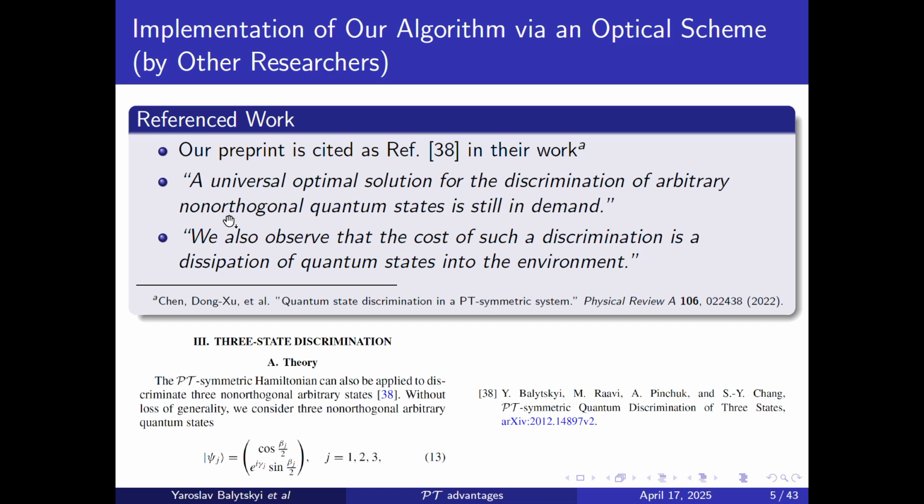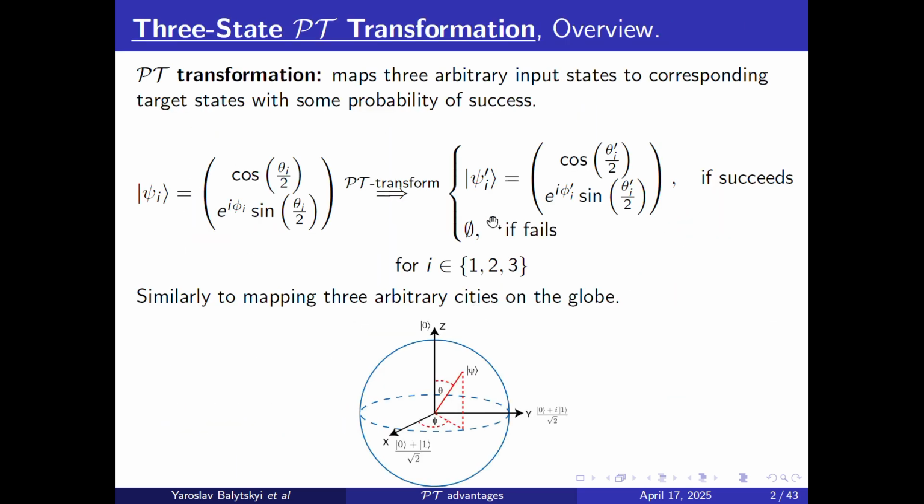It is important to note that our algorithm is already implemented as an optical scheme by other researchers in this paper, and you can see that our preprint is cited there. Such a solution can serve as a universal solution for discrimination of arbitrary non-orthogonal quantum states, as discussed in this paper, because you can transform arbitrary three states to a standardized set of states.